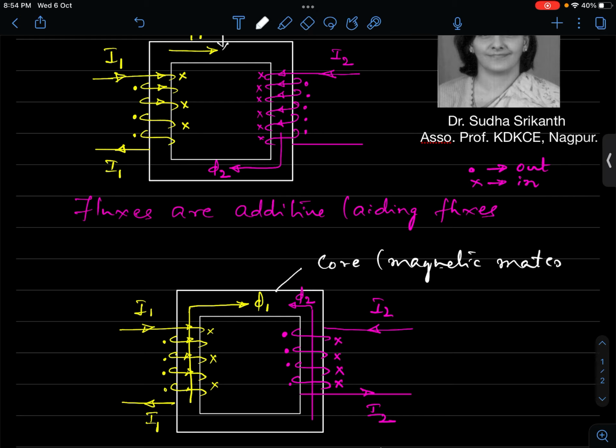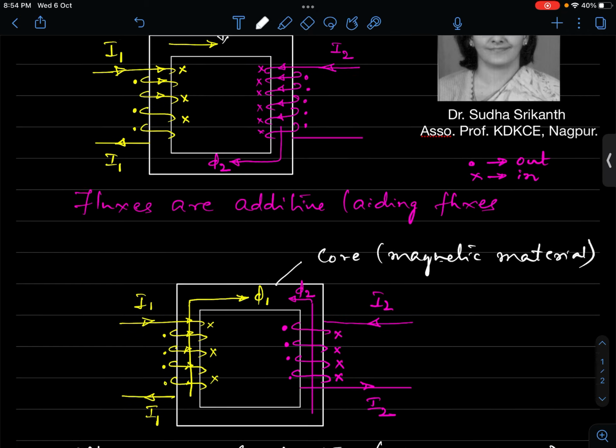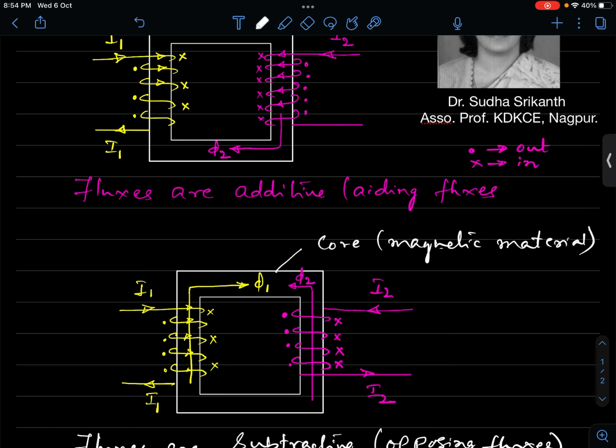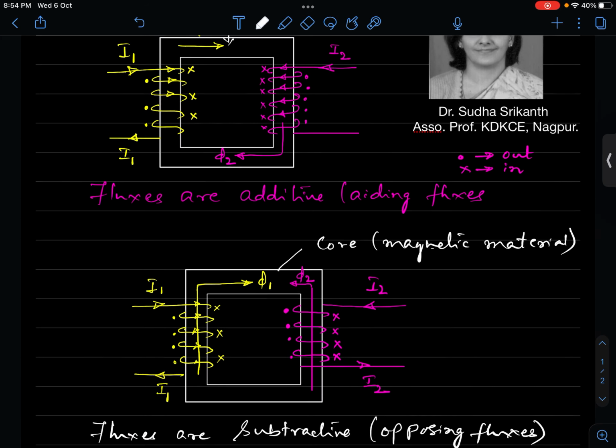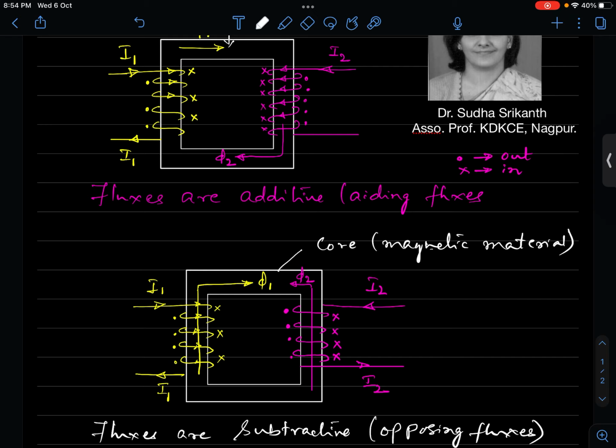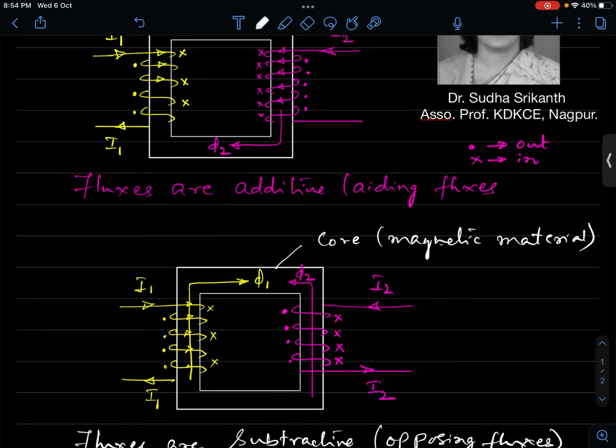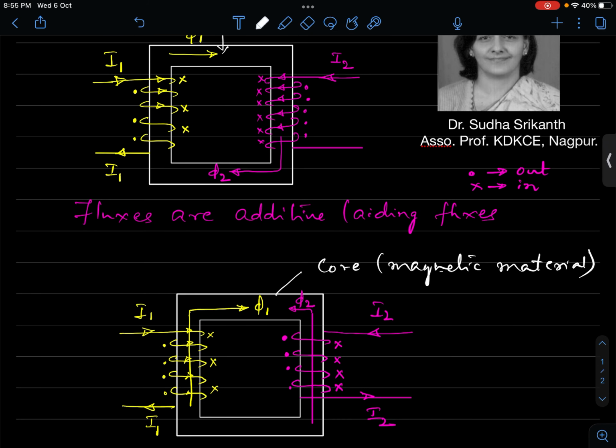Obviously there is mutual coupling between the two. What do we understand by mutual coupling? By mutual coupling, we mean the current in one coil is capable of producing voltage in the other coil. That is when we say that the coils are mutually coupled. If that is the situation, how do we compute the induced EMFs in the coils? That is the topic of discussion today.